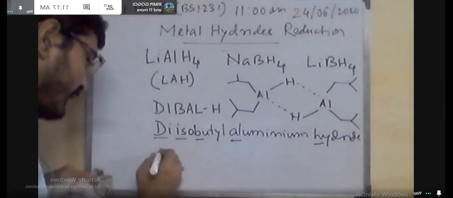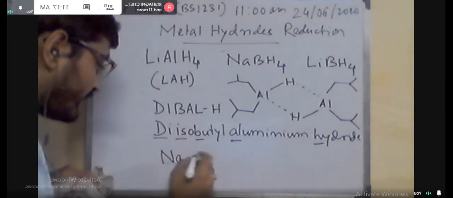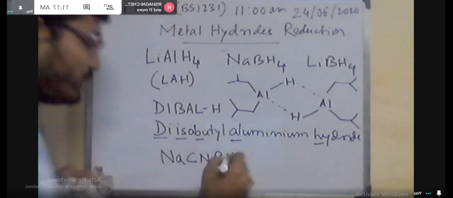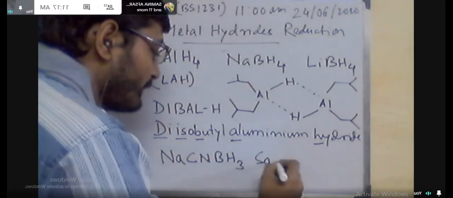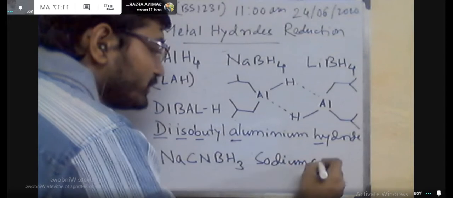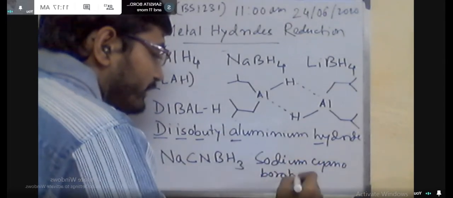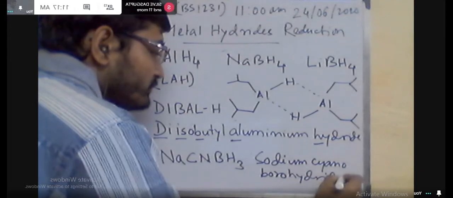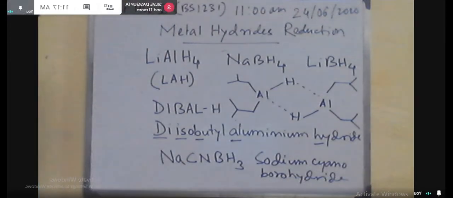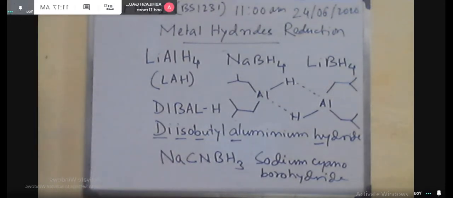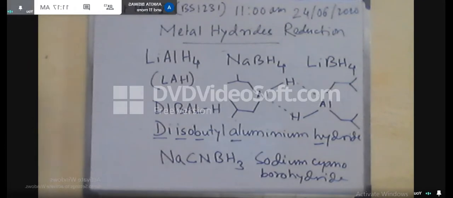Now I will show the utility of different metal hydrides, that means the reduction pathway using these metal hydrides, starting from sodium borohydride. Before the example of sodium borohydride, we compare the reactivity of lithium aluminium hydride and sodium borohydride.